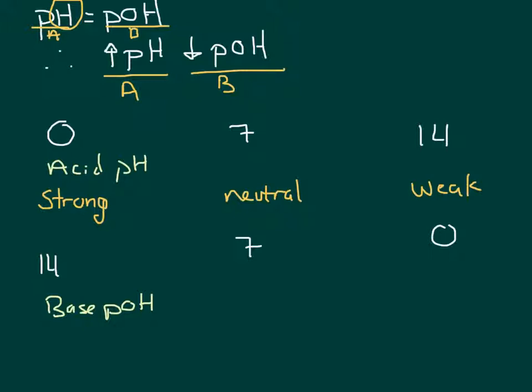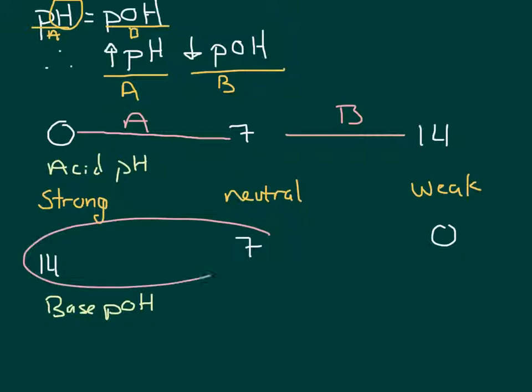Because of this, we are able to use just one scale because it's an exact inverse. That's why we say from 0 to 7 we have our acid, and from 7 to 14 we have our base, because that is where this is strongest for the 7 to 14, and 0 to 7 is when the acid is the strongest. And because we have this inverse relationship, we can use just one of the scales.